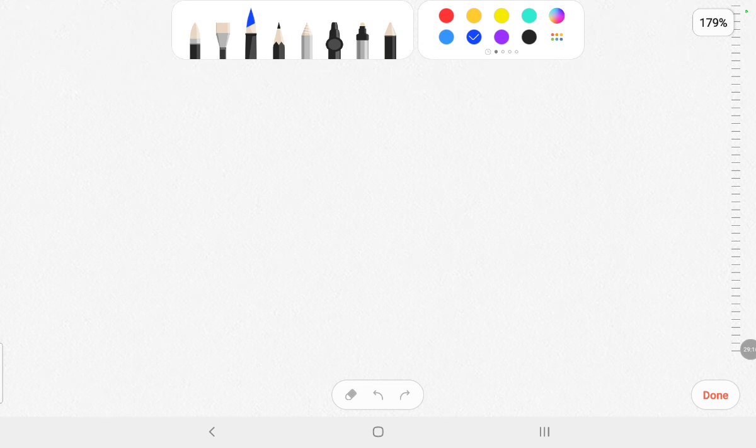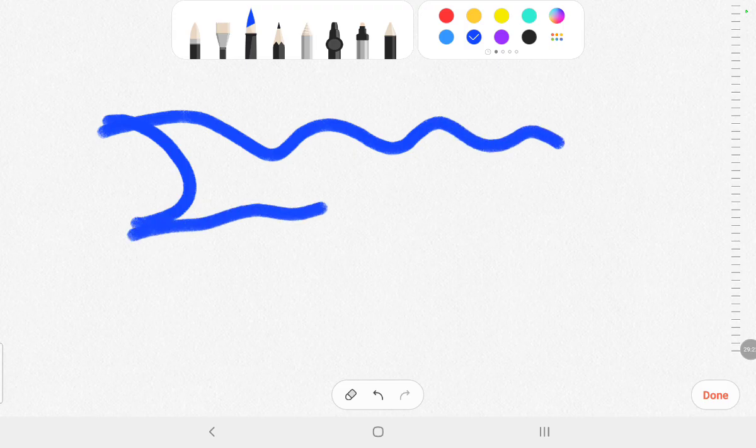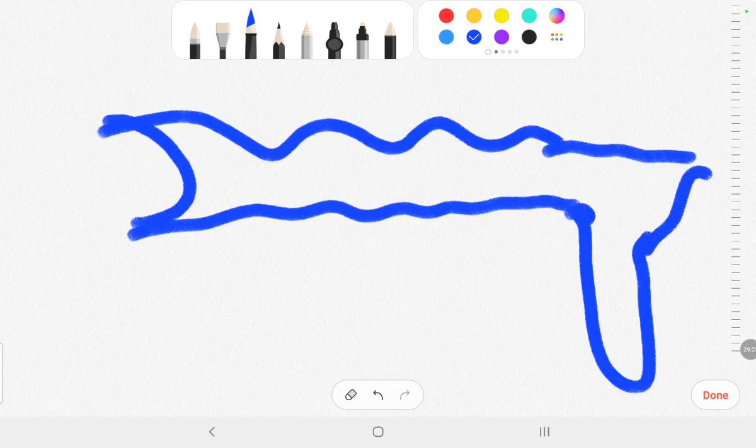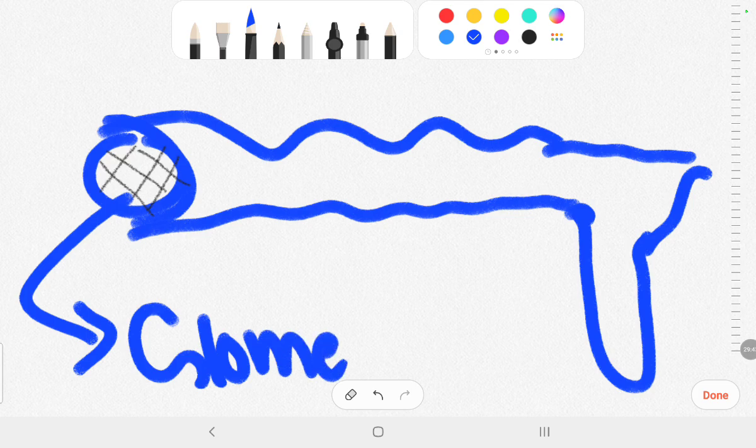with a drawing. Okay, now let us label it together. In here you can find the glomerulus, where ultrafiltration occurs.